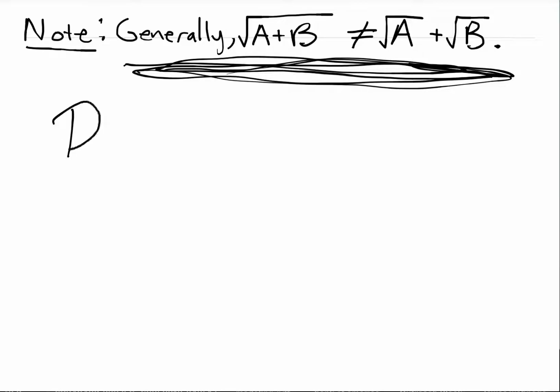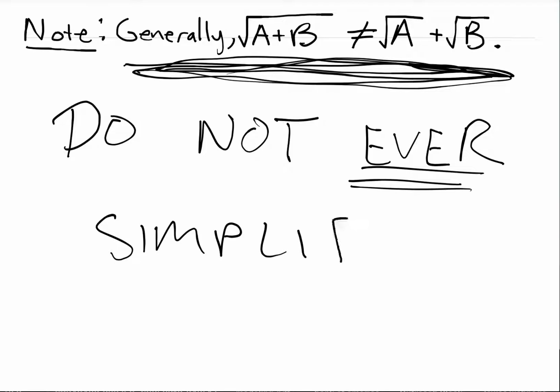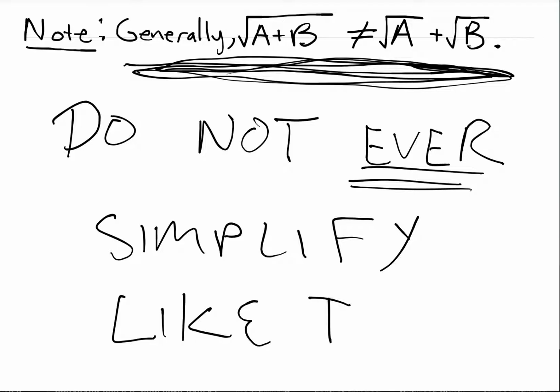So I'm going to write in big capital letters here: do not ever simplify like this. I really want to emphasize this because this is a super common mistake and probably the most common mistake that I see made on problems like this.